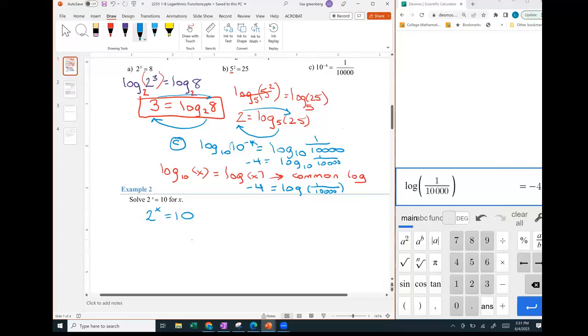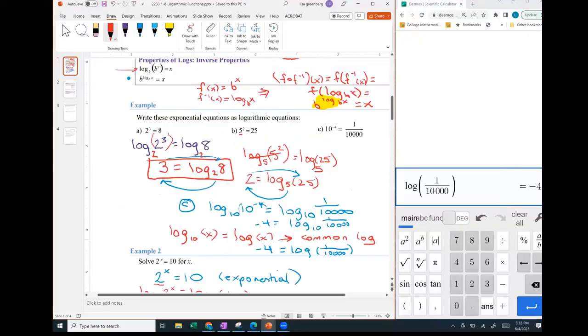This is an exponential, so the inverse is log. I'm going to take the log, and I'm going to use base 2 since I have a 2 here. Log base 2 of 10.